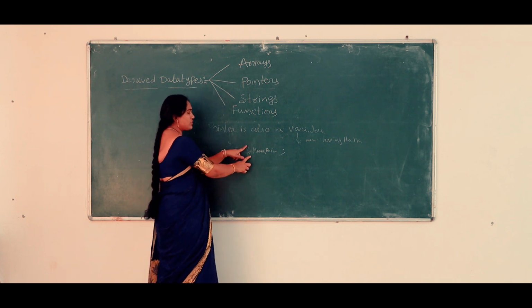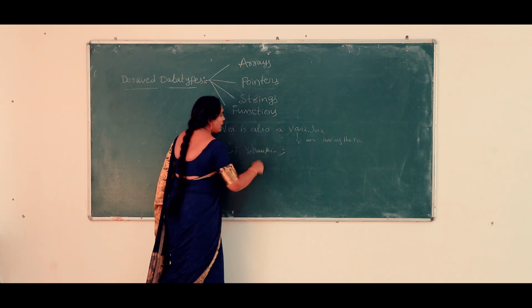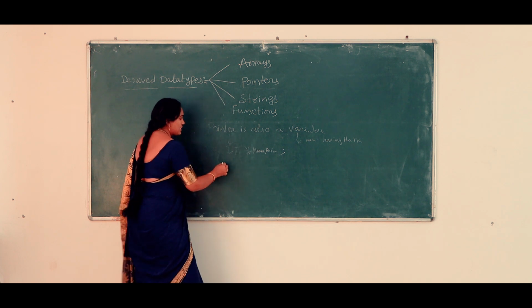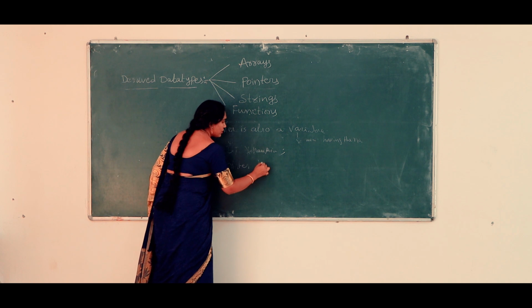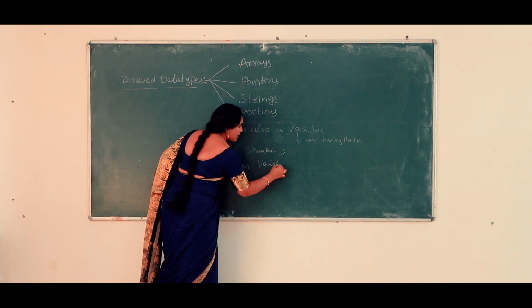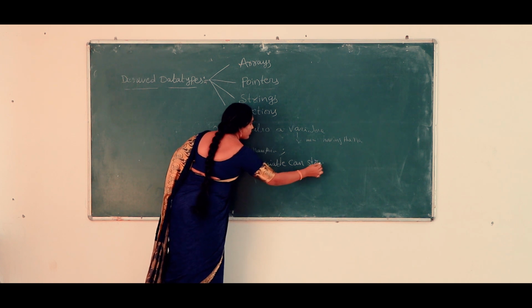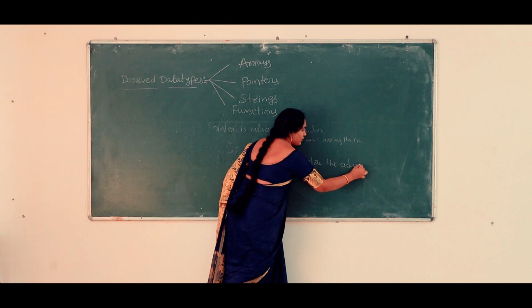And the difference between the pointer variable and a normal variable is that the pointer variable can store the address of another variable.